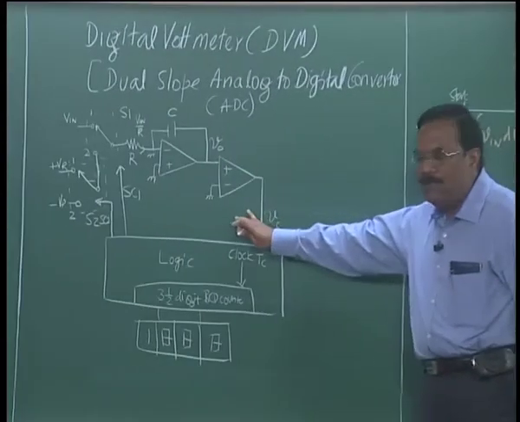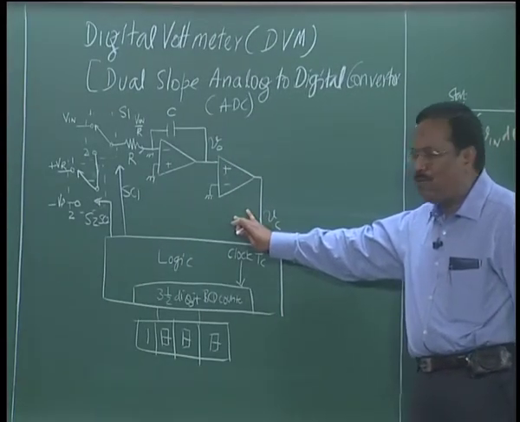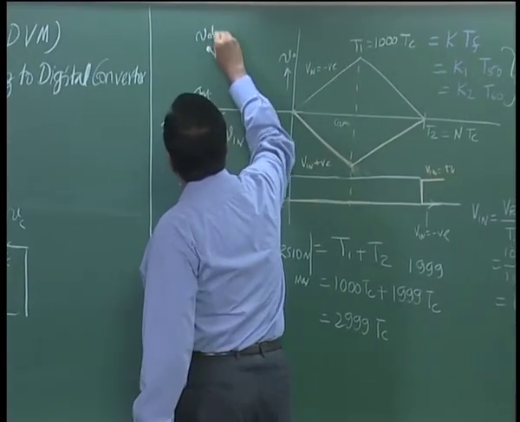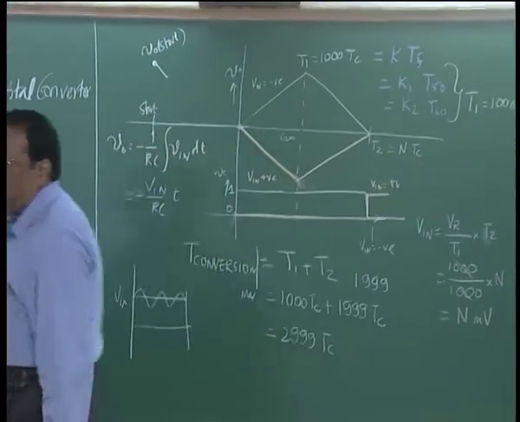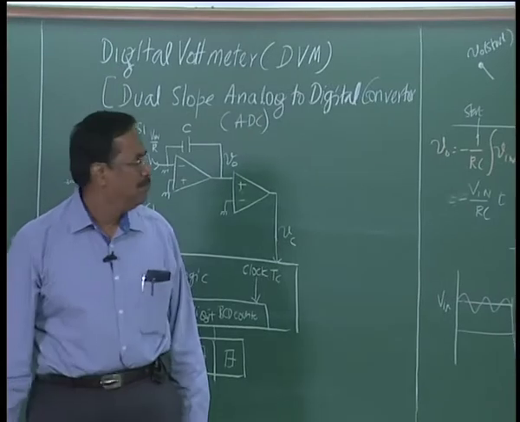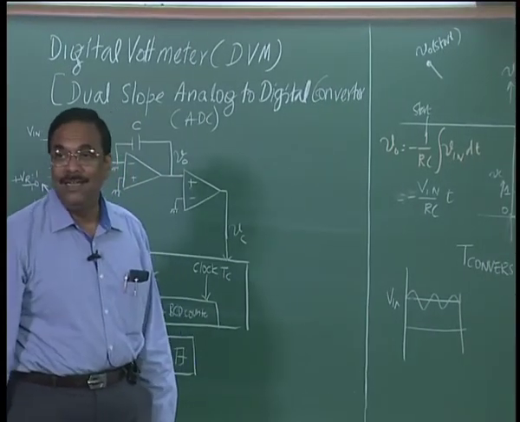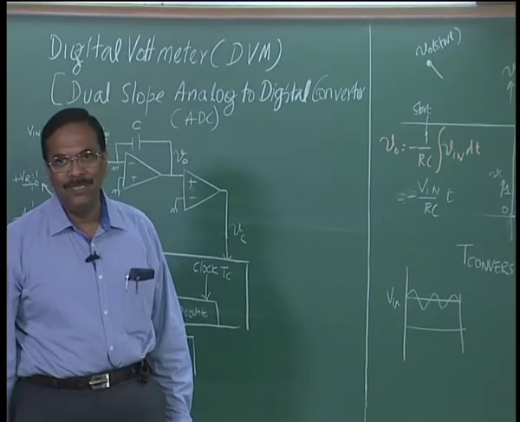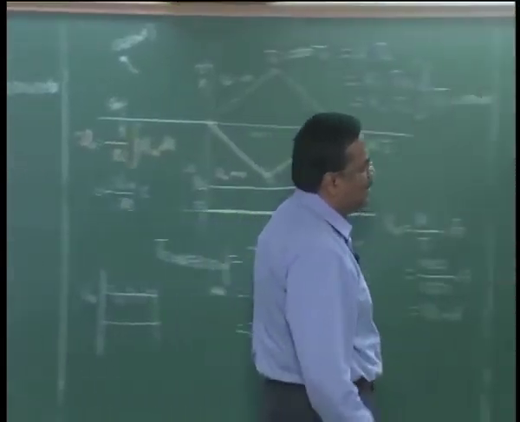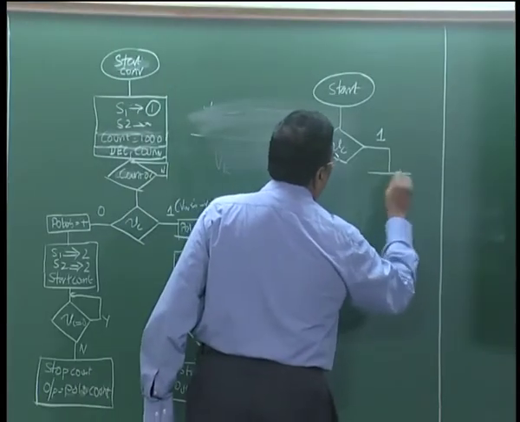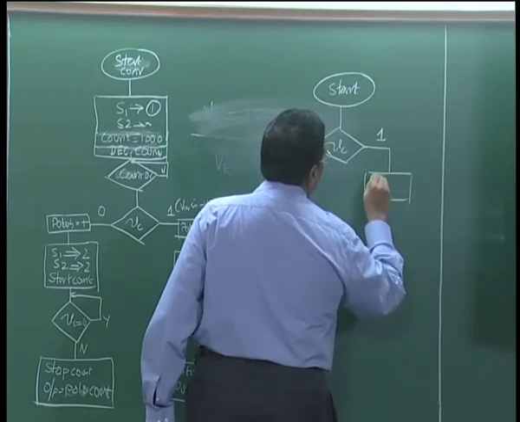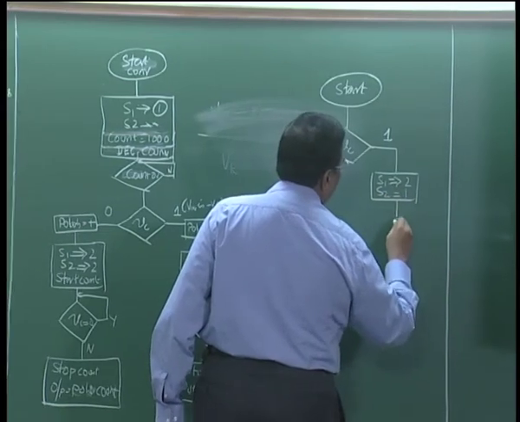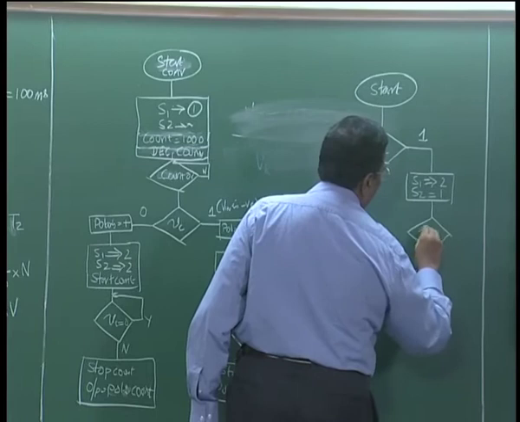So, if the comparator output is 1, I know this is V naught at start. What I have to do is remove the charge from the capacitor, make it 0. To do that I have to connect positive voltage: S1 is in position 2, S2 is in position 1, and then I check again for Vc.